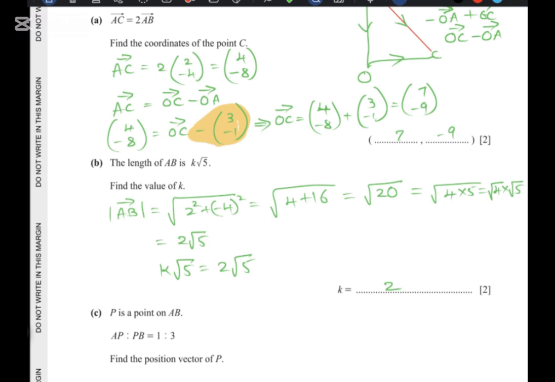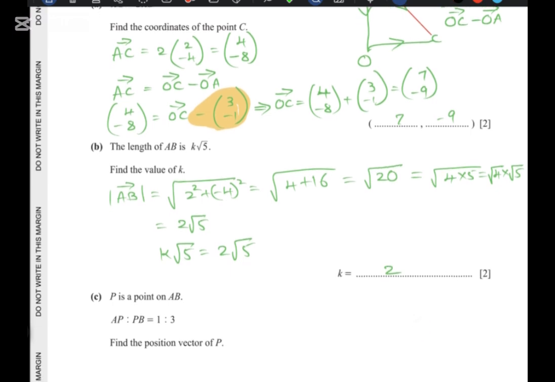Now question C. P is a point on AB and AP is to PB is 1 is to 3. Let us draw vector AB here. Suppose this is AB. And now there is a point P on this, and let me divide this line into 4 parts. So this is 1 part and this is 3 parts. So like this.